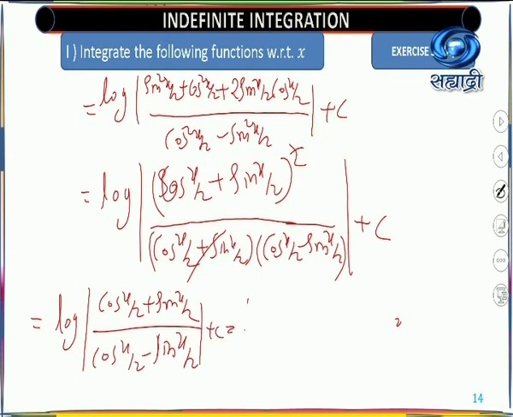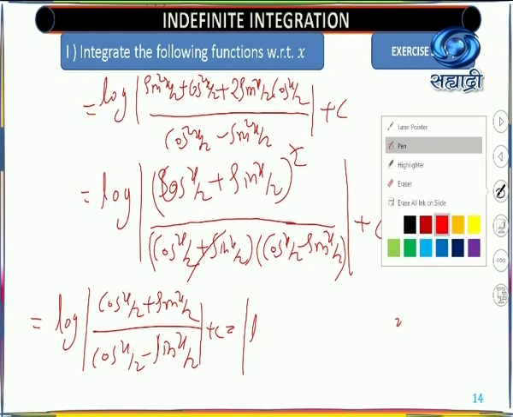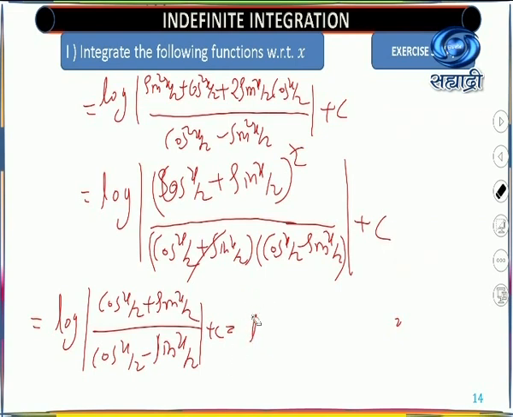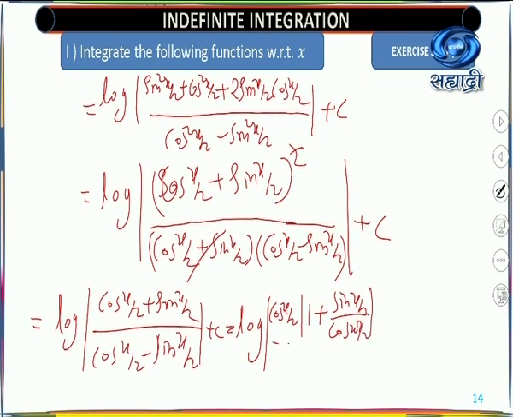Now look at here, take cos common. If you take cos x by 2 common, you are left with 1 plus sin x by 2 upon cos x by 2 in the numerator. And in the denominator, if you take cos x by 2 common, you are left with 1 minus sin x by 2 upon cos x by 2, plus constant of integration.